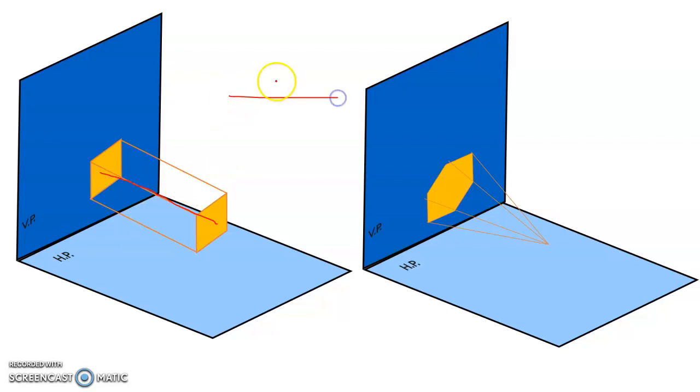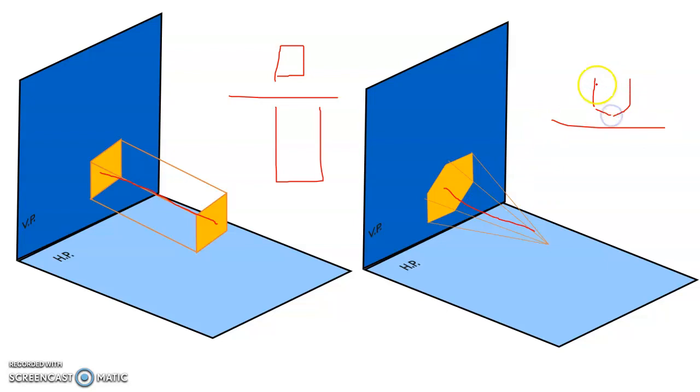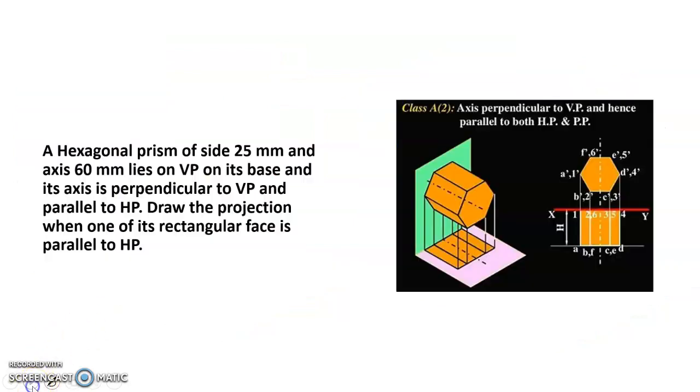So in your front view you will draw a square, and in the top view you will see a rectangle. Similarly, a hexagonal pyramid whose axis is perpendicular to VP and parallel to HP: in the front view you will get a hexagon, and in the top view you will get a triangle like this. So these are simple positions whose axis is perpendicular to one plane and parallel to another.